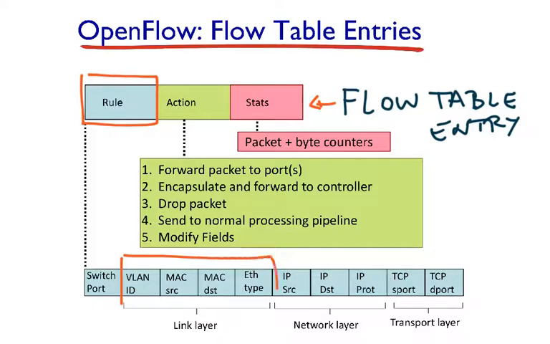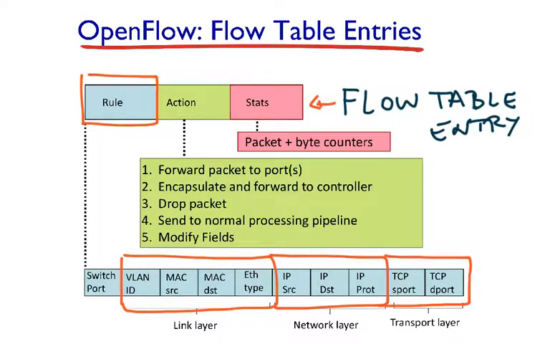For example, these fields belong to the link layer: virtual LAN ID, source and destination MACs, Ethernet type. If we move to the upper layer, we have different fields to be used: source and destination IP addresses and IP protocol. And finally, we can also use the TCP source and destination port. So we can combine several of these fields and create a specific match for our flow table entry.